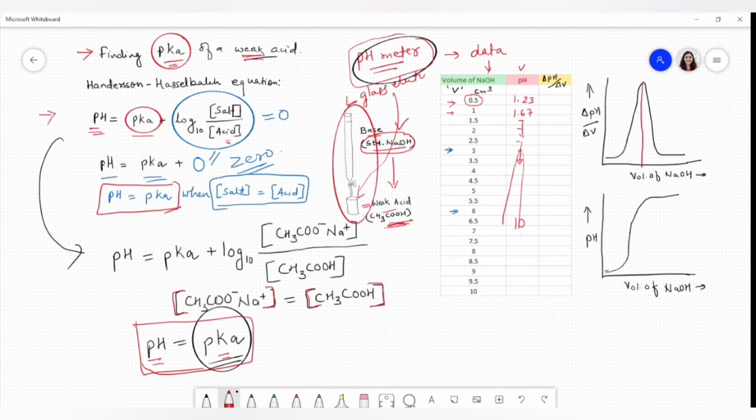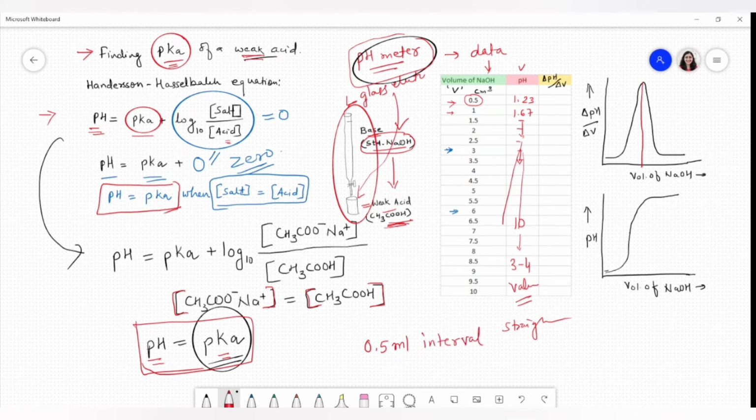And after that you will just take 3 or 4 more values, and it becomes almost straight or almost stagnant, right? So what is our target over here? We need to find out the pH right now when we add the 0.5 ml interval, right?